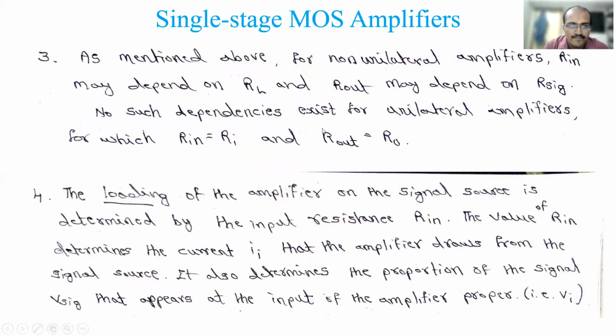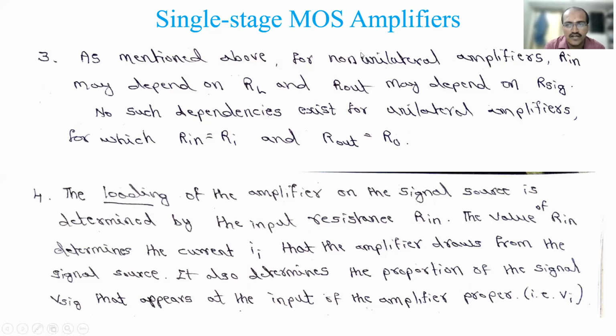Third one, similar to point 2. As mentioned above, for non-unilateral amplifiers, Rin may depend on RL and Rout may depend on R signal. I explained that, so the same thing is repeated here. And no such dependencies exist for unilateral amplifiers.